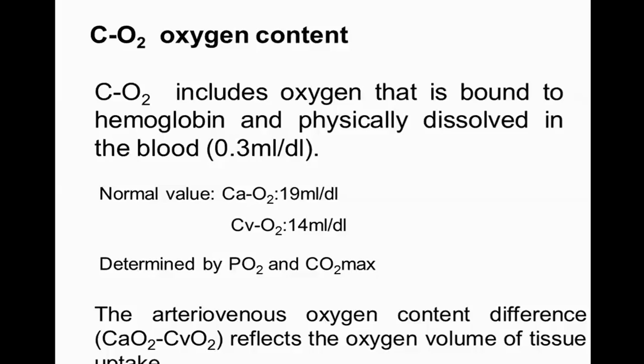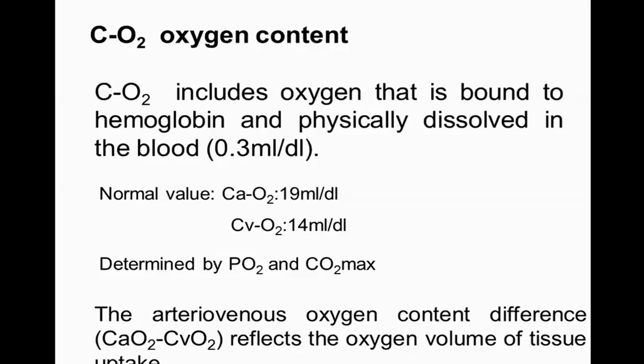Without this, oxygen will not reach the hemoglobin, as oxygen will not jump from the alveoli to the hemoglobin. It must pass to the plasma, dissolve, and be carried to the hemoglobin by the gradient. And this is the CO2 max, considering the hemoglobin.